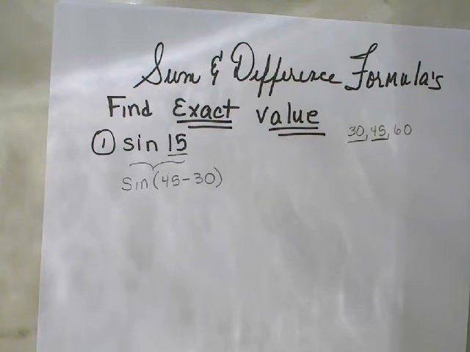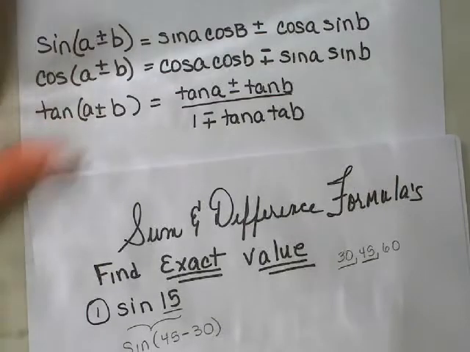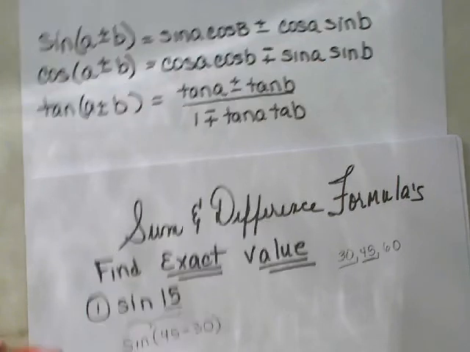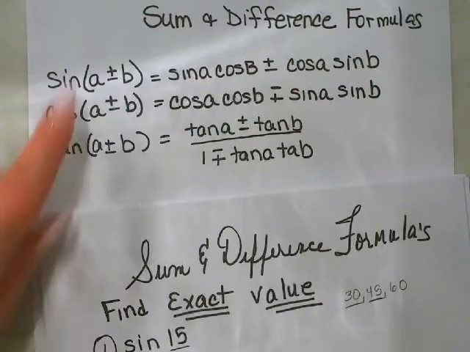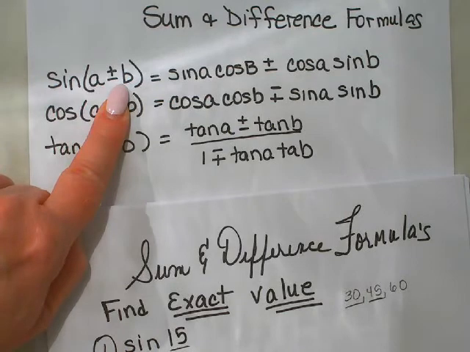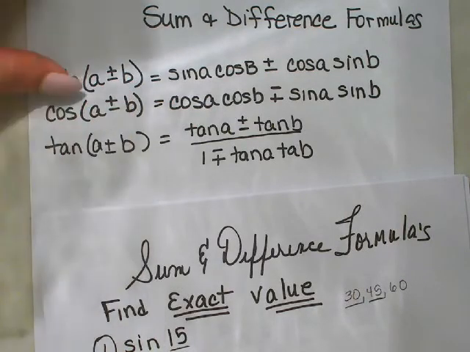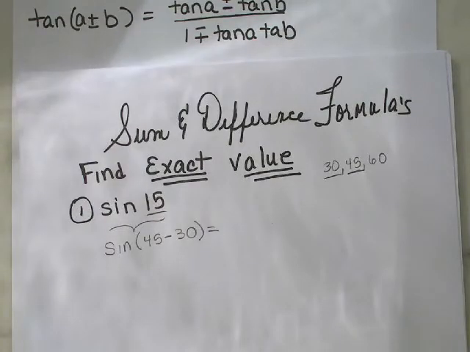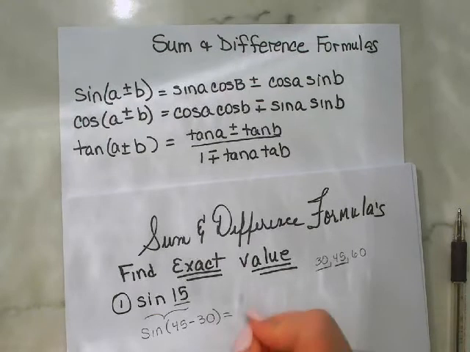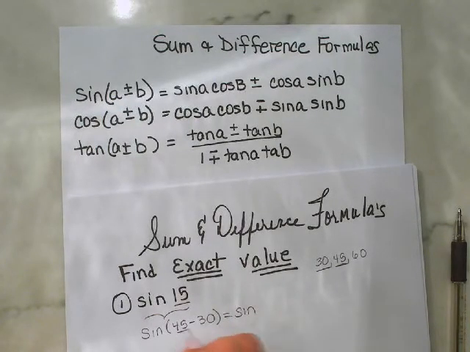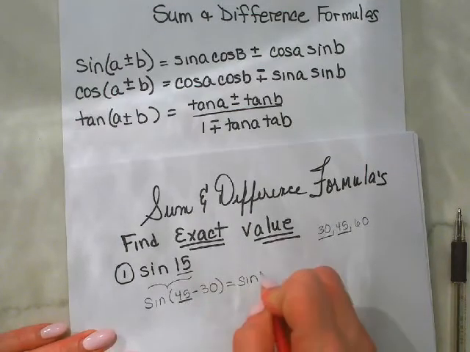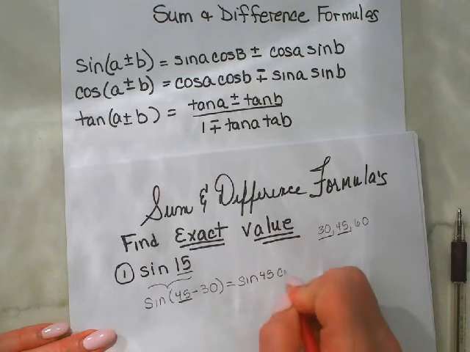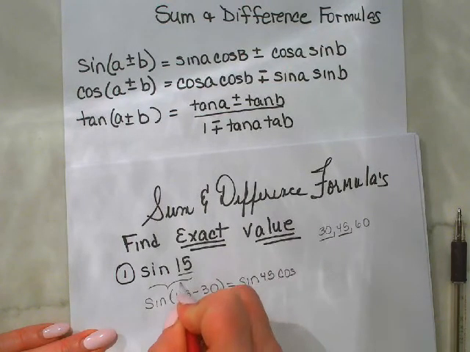That being the case, I can use the sine of A minus B formula. I'm going to leave this like that. Can you see it? Well, almost. Let me squeeze it out a little bit. It's going to be the sine of my A, 45, times the cosine of my B, 30.